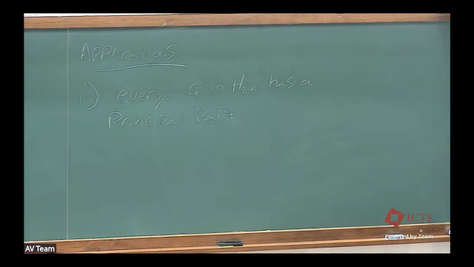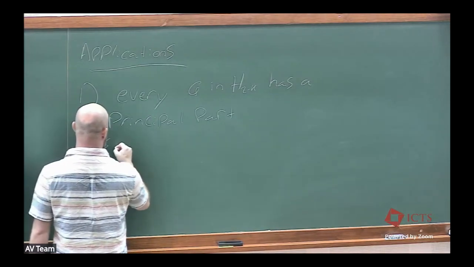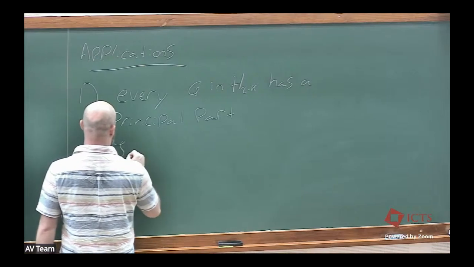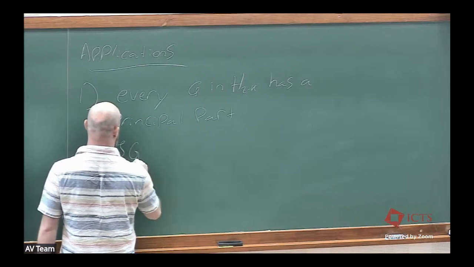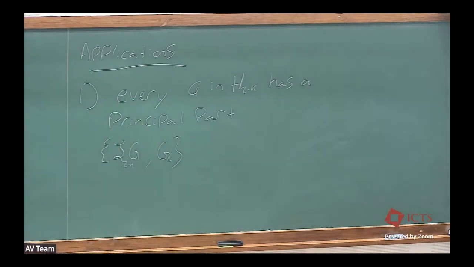Okay, has a non-trivial principal part. Can anybody see how I could get that immediately from this pairing? Here's maybe the first step that we would look at. Let's just take the pairing of C of G against itself, against G. Okay, what is this?